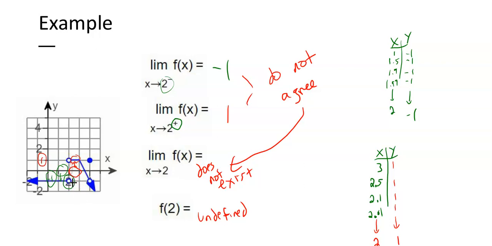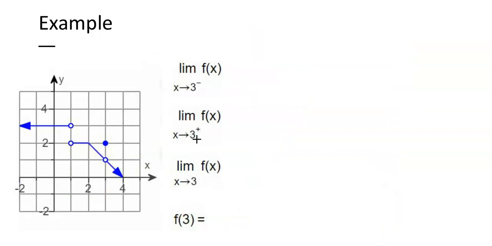But f of 2 just doesn't exist, because when you go to 2 on the x-axis, even though the left-hand limit exists and the right-hand limit exists, at the number 2 itself, it's open circles everywhere, so nothing's filled in, so there's no y-coordinate that goes with x equals 2, so therefore there's no answer for that, so it's undefined, right?